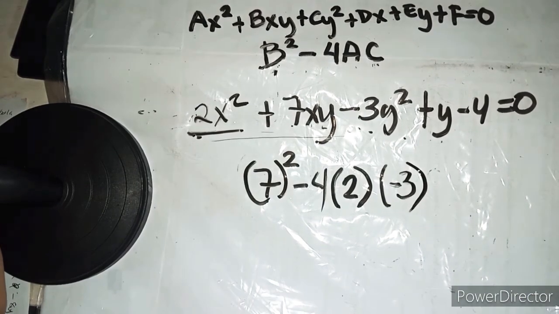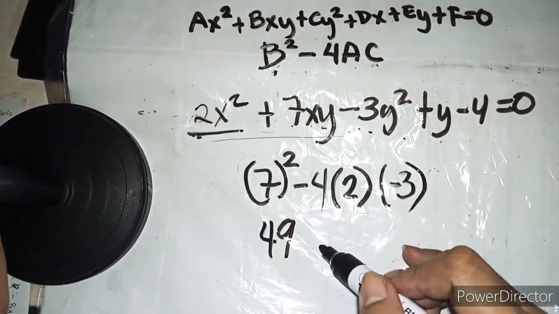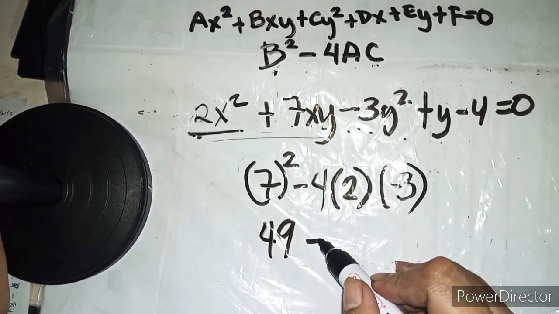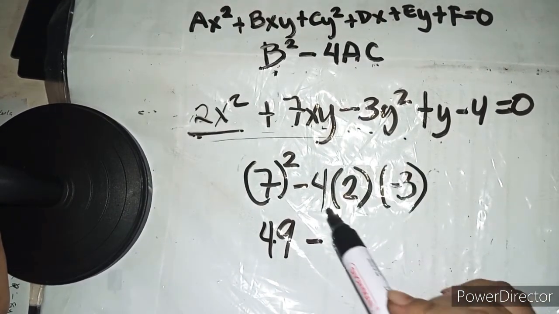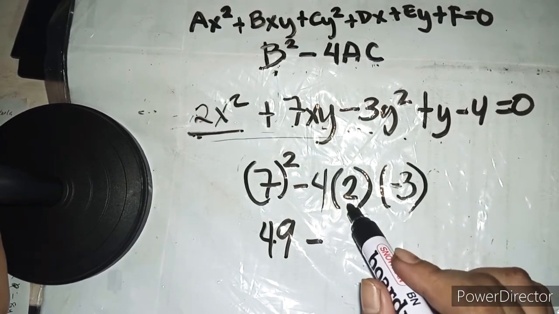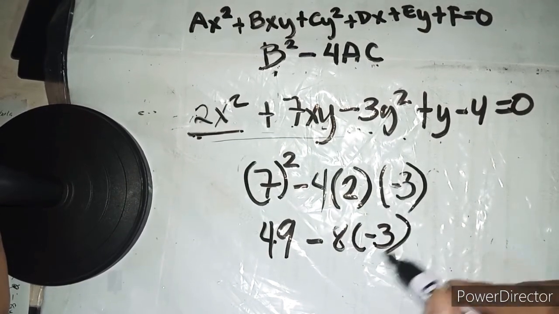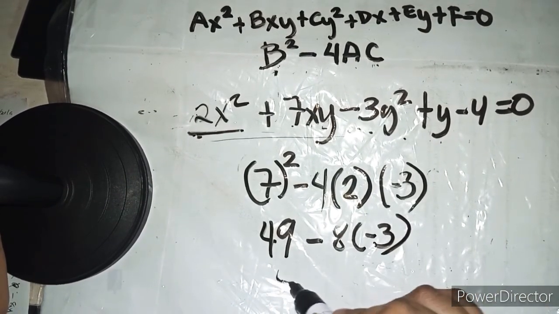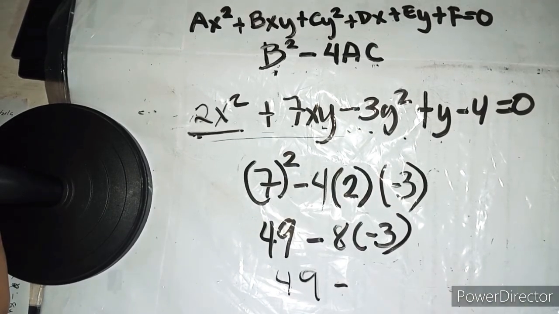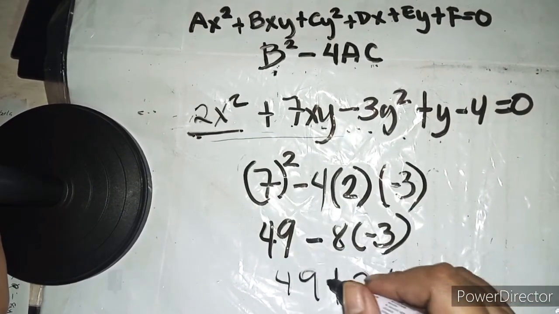Now let's simplify. 7 squared is 49. Negative 4 times 2 is negative 8 times negative 3. So let's rewrite. Negative 8 times negative 3 is positive 24.